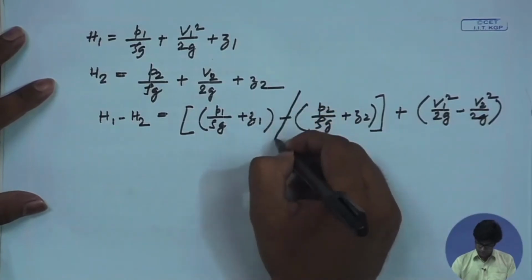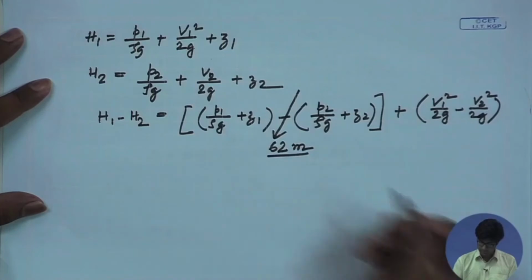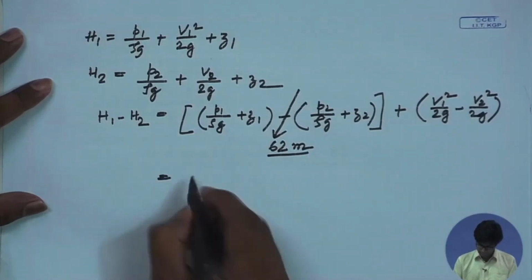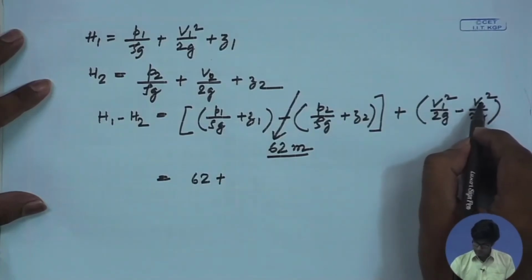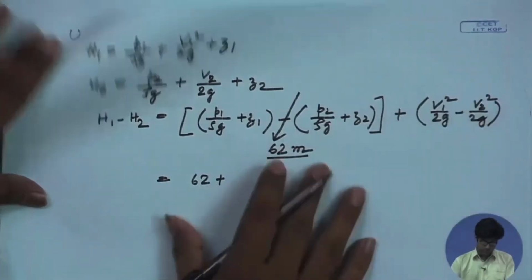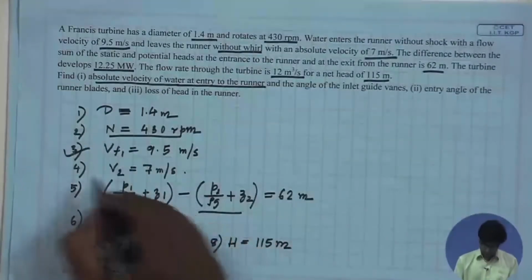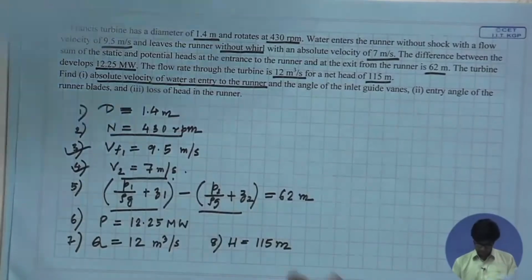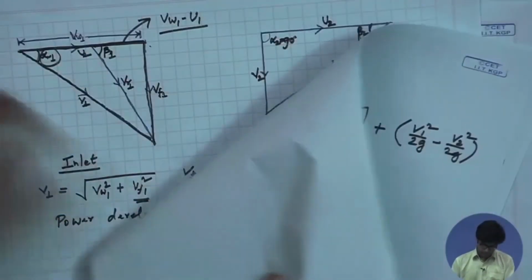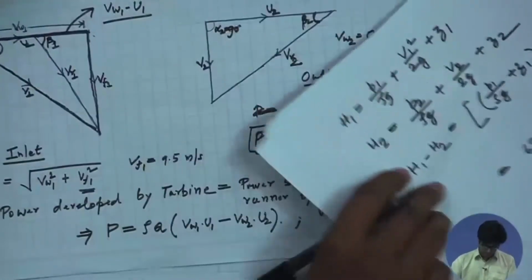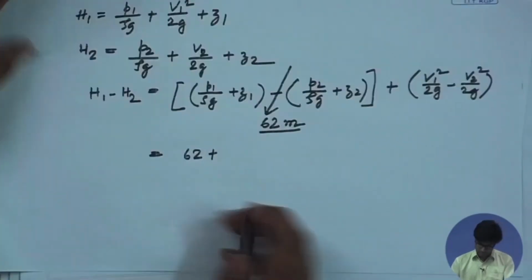Now, this part is given as 62 meters in the problem, and the absolute velocity at the outlet is also given in the problem. It is given as 7 meters per second, and V1 I think we have found out, yes, V1 was found out as 33.76.